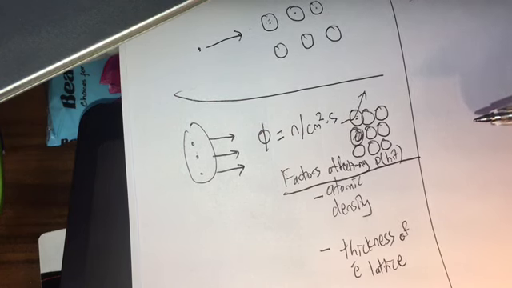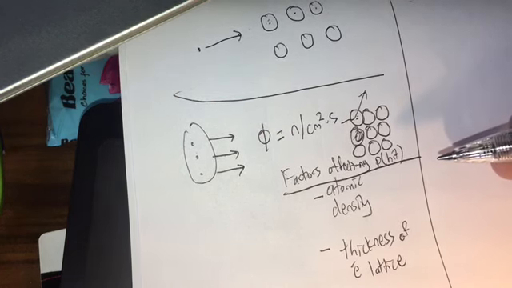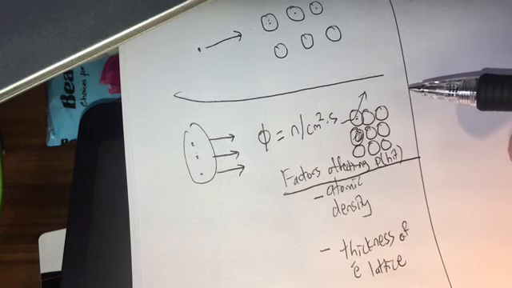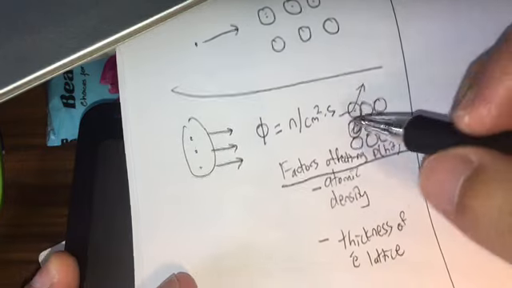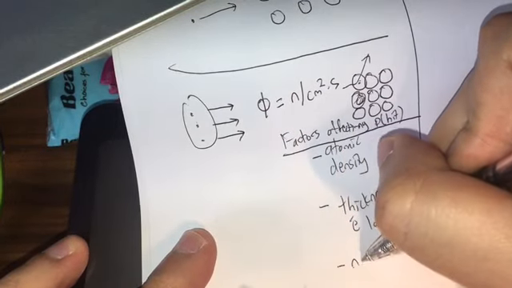So the thickness of this lattice will indeed affect the probability of the neutrons hitting one of these atoms, or the nucleus of the atom. And thirdly, we want to consider the neutron flux.